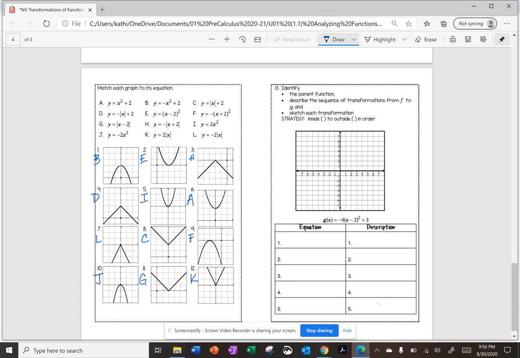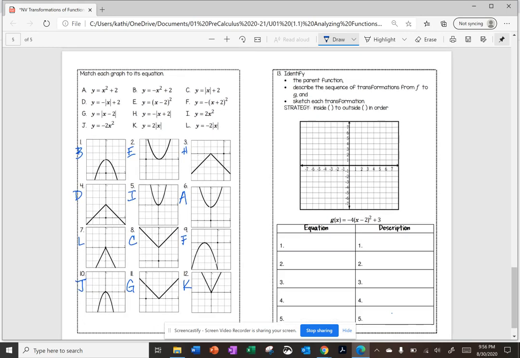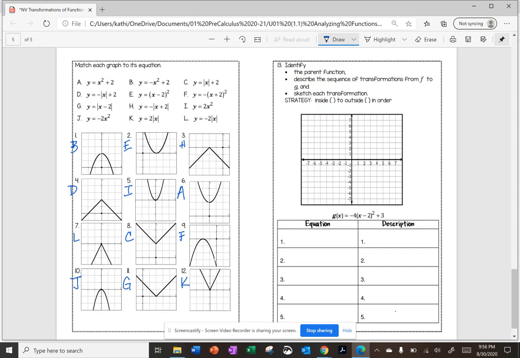Okay, so let's graph one. To graph this, we're going to do one transformation at a time, starting with the parent function. So here's my equation, and I'm going to start by drawing my parent function.